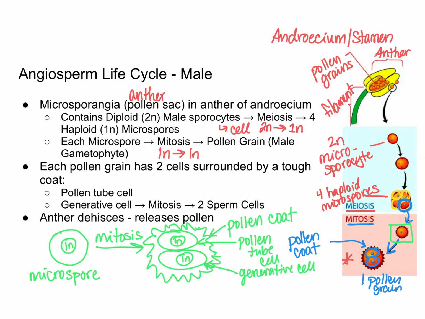That is ultimately going to go through mitosis again to form two sperm cells. The pollen is released from the anther when the anther dehisces. And dehisces is just kind of a fancy word for breaking apart. And so basically the anther is going to dry out and split apart, and the pollen is going to be released from inside of it.